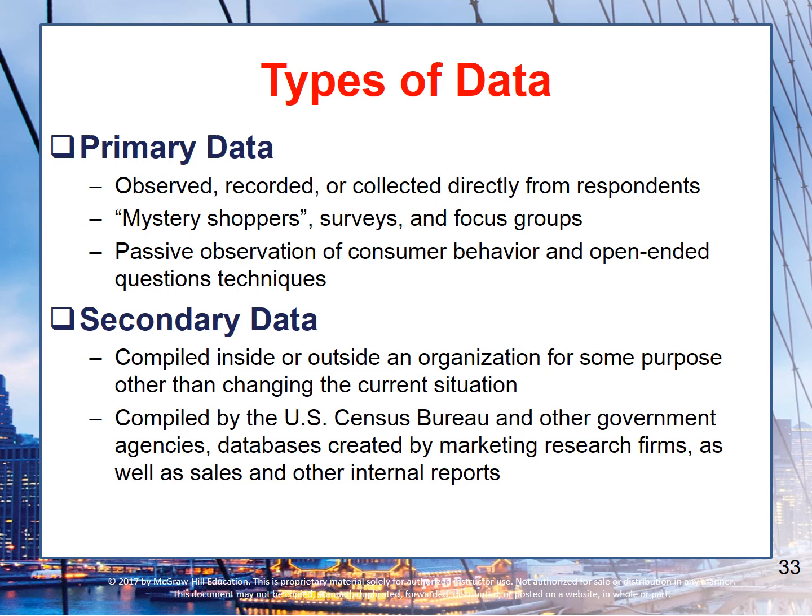The secondary type of data is generally compiled inside or outside an organization for some purpose other than changing a current situation. One of those is the U.S. Census Bureau. Government agencies create databases for marketing research firms, and then you also have internal reports.